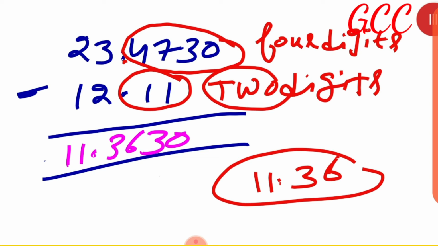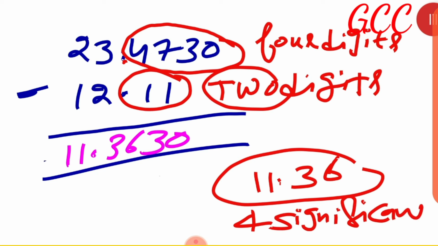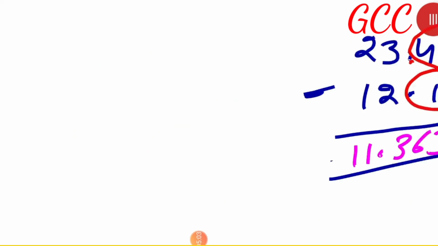So there will be 4 significant figures. Is that clear? Okay beta, so what is going to happen in addition and subtraction? In case of addition and subtraction, we have to see the least digits after the decimal.